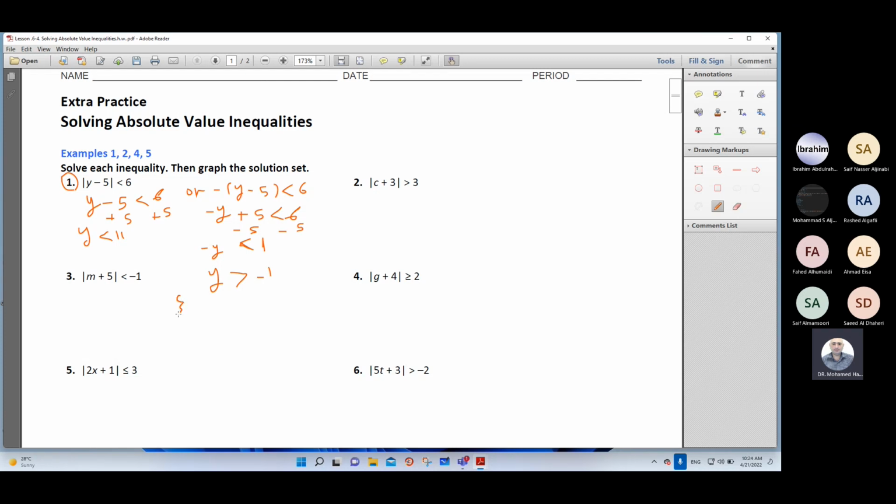So the set of the solution, we have y such that y less than 11 or y greater than minus 1. Then we can graph.